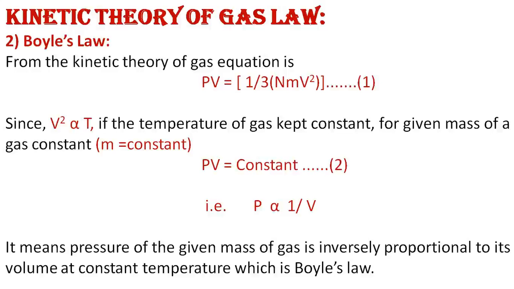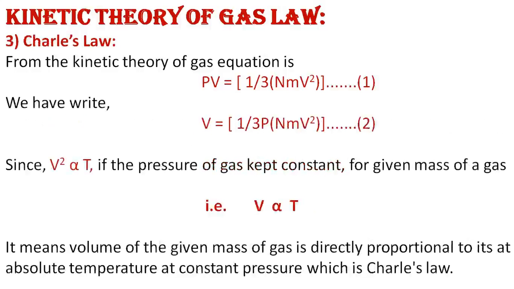Now the third law is Charles' law. From the kinetic theory of gas equation, PV is equal to 1 upon 3 N m v square. That is equation number 1. We can write V is equal to 1 upon 3P N m v square. That is equation number 2.